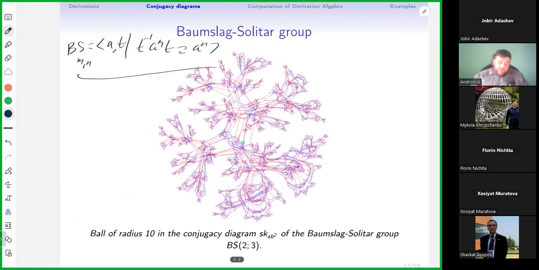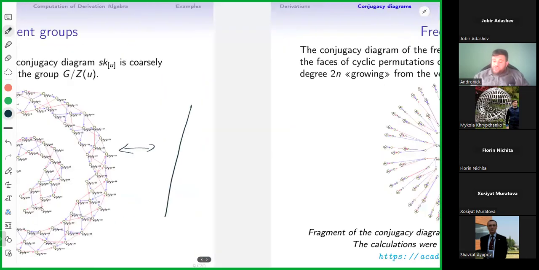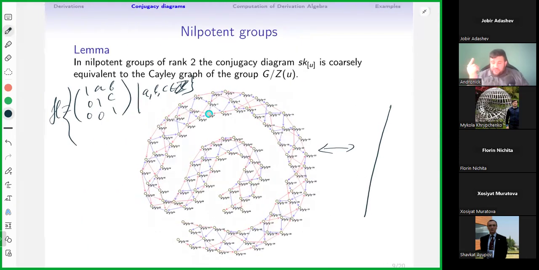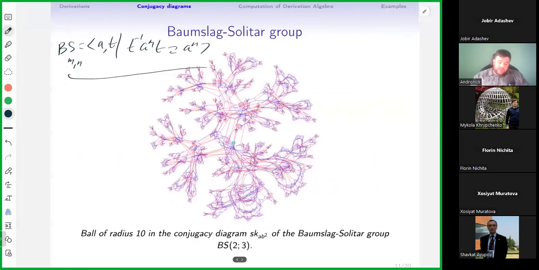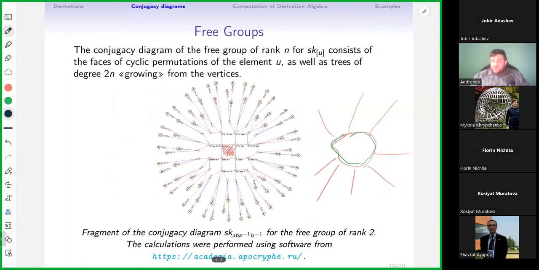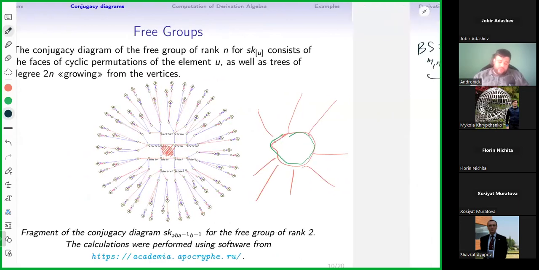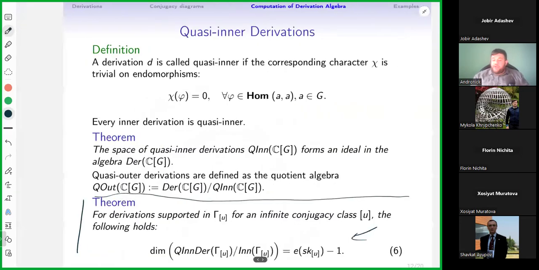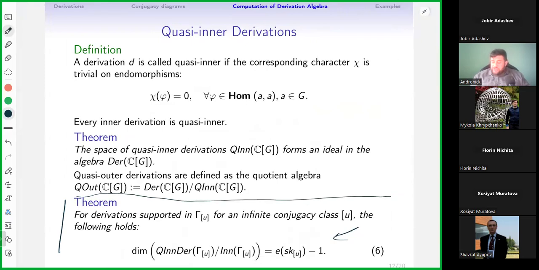For example, here you have got two ends, so you have got a one-dimensional space of the quotient of quasi-inner derivations by inner derivations, and here you have got infinitely many ends, and so you can find that there is an infinite-dimensional space of quasi-inner, not inner derivations.